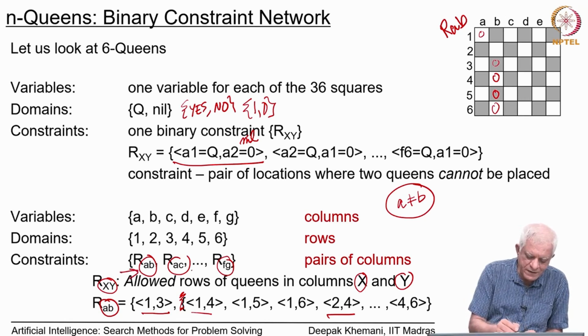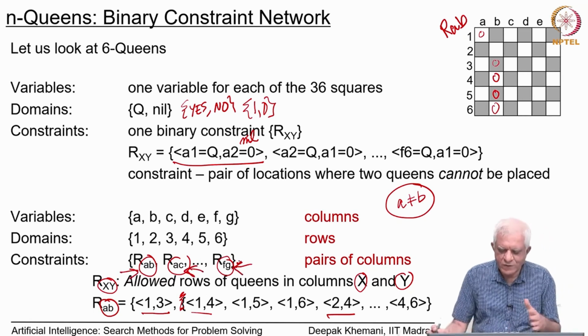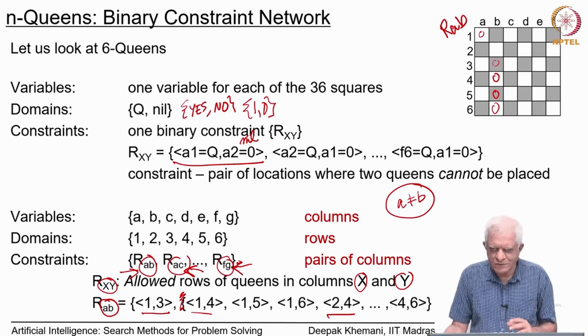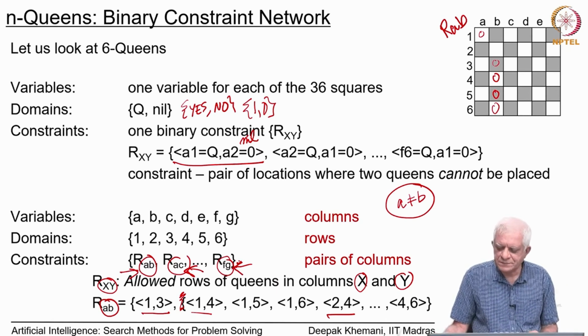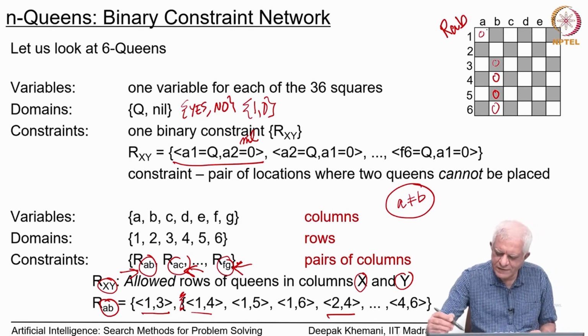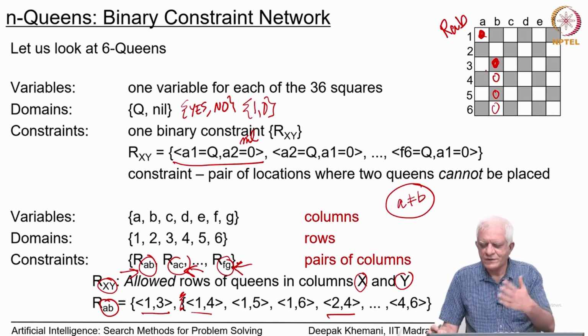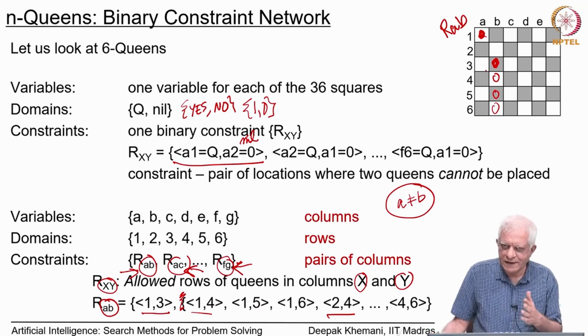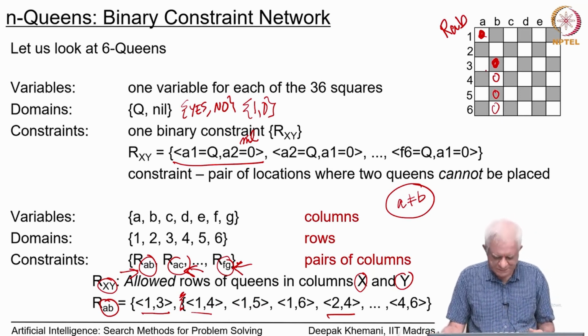We talked about AB here, you can talk about AC next, and eventually you can talk about FG. So you can specify those constraints. They are not so hard to specify. You can write a program to do that. All you have to do is check that if a queen is in, let us say, location A1, and a queen is on B3, they are not attacking each other, which means that you cannot draw an attack line between those two queens.